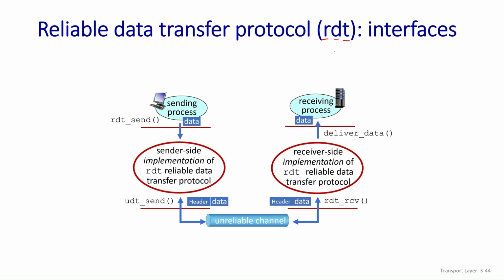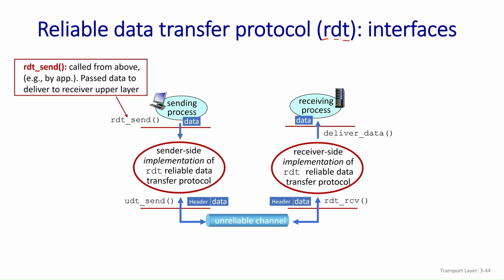Okay, so for our convenience, let's introduce some interfaces that we'll use in our example. First of all, on the sender side, if we have to send data and provide this reliable service abstraction, I'm introducing these four methods that I will refer to again and again for understanding this reliable data transfer mechanism. The first one is reliable data send.